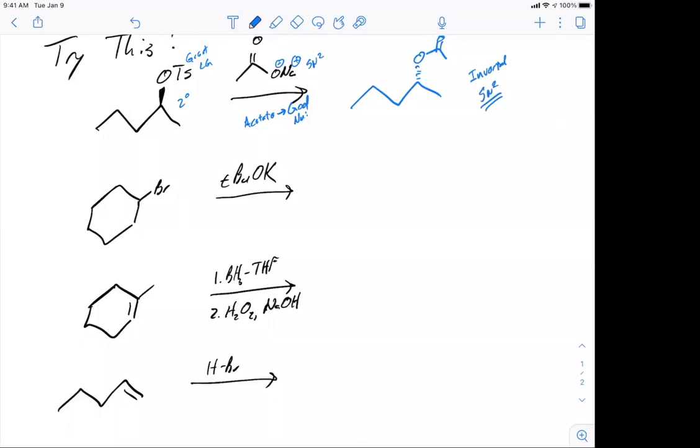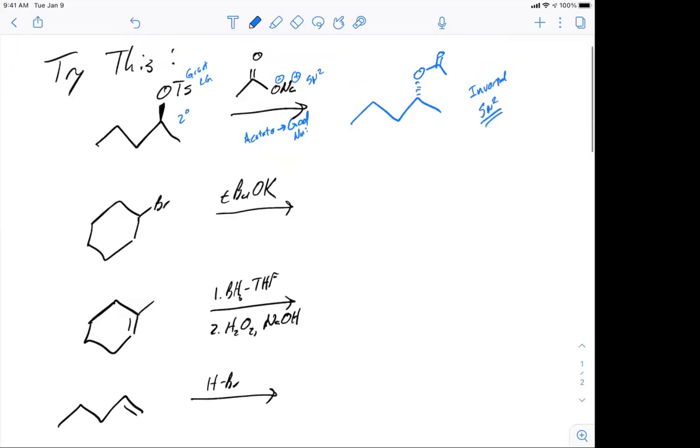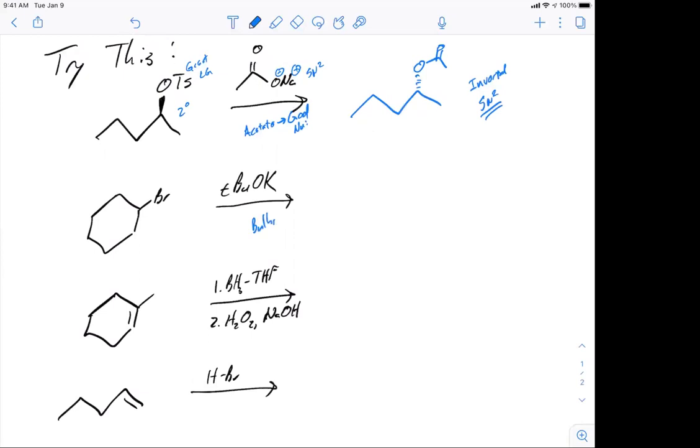Next one, we've got a t-butoxide. T-butoxide is a big bulky base, right? Or a sterically hindered base. We have a secondary position here, right? Good leaving group.